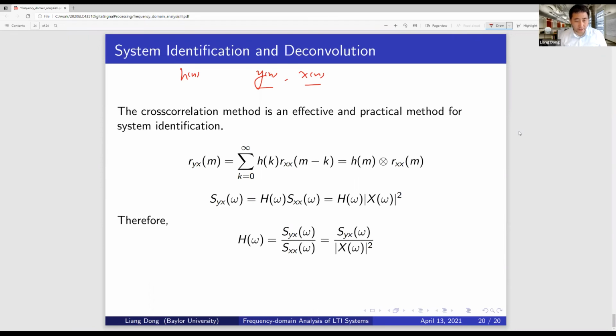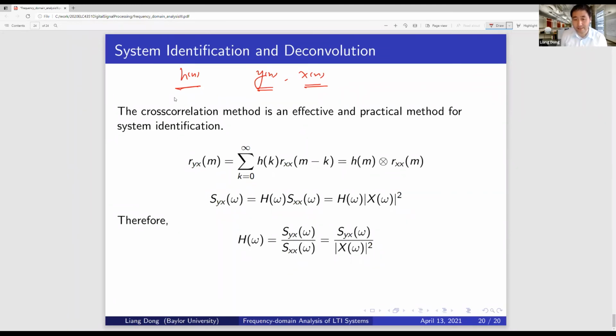Now, how sure can you say you found a good h[n] of the system that can work for all the future signals? It's kind of difficult, unless those signals have some fixed statistical properties. For example, we can take the first order statistic, that's the mean. Let's say we have a zero mean signal.